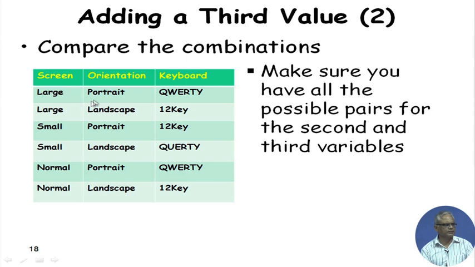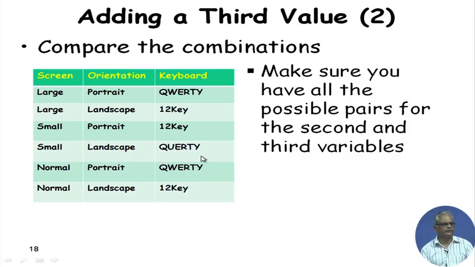So, we have large and portrait, and we have landscape and large, and we have QWERTY and large, we have 12 key and large, and we have portrait and QWERTY, but what about landscape and QWERTY? Yes, we have it here.